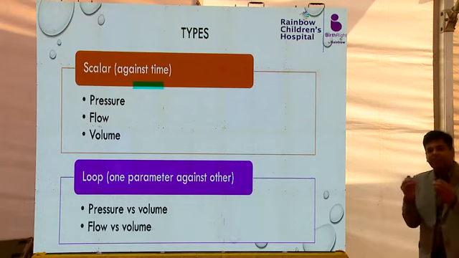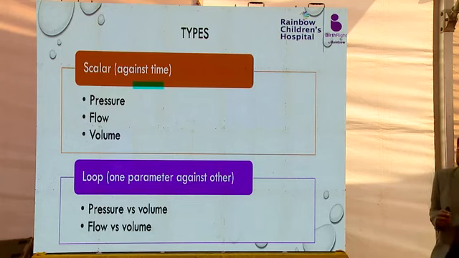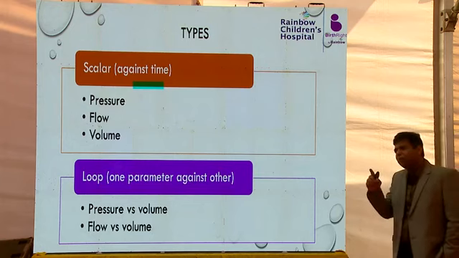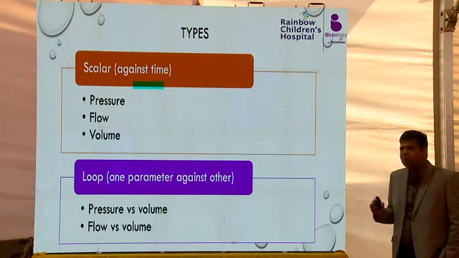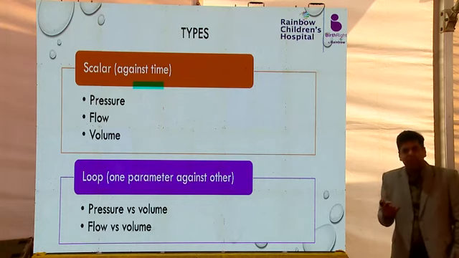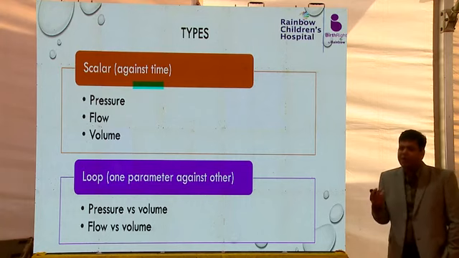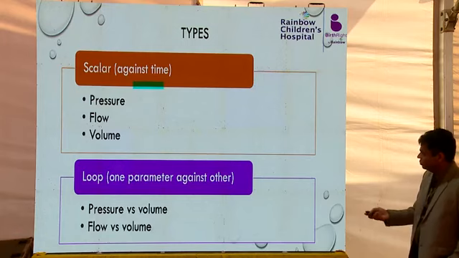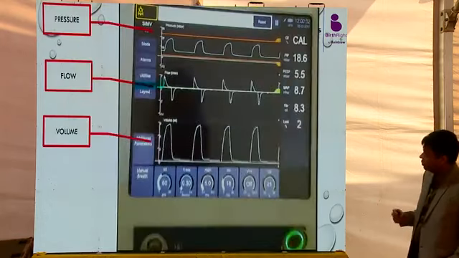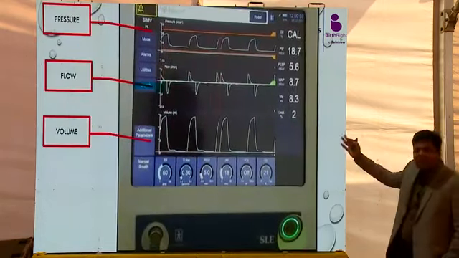That variable can be pressure, volume, or flow. When one variable is plotted against another variable, it becomes the loop waveform. The most commonly used are the pressure and volume loop or the flow and volume loop. So this is the scalar waveform.